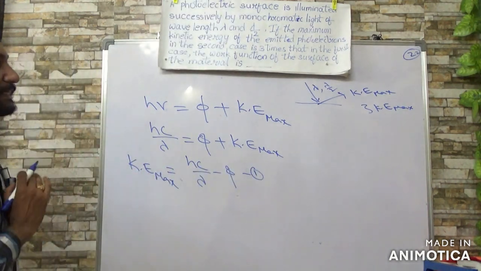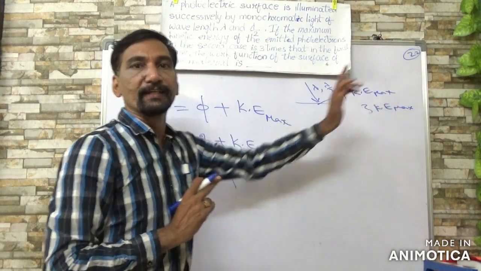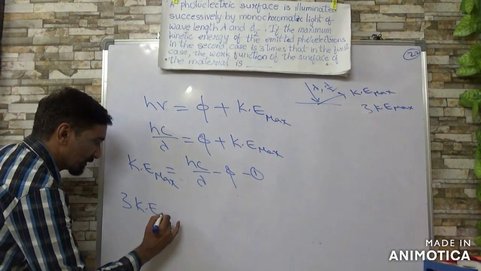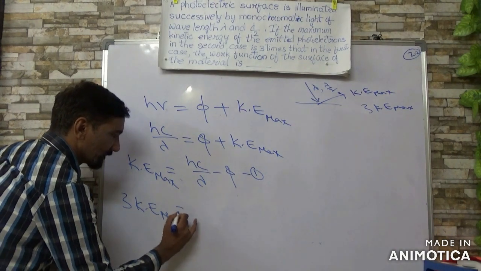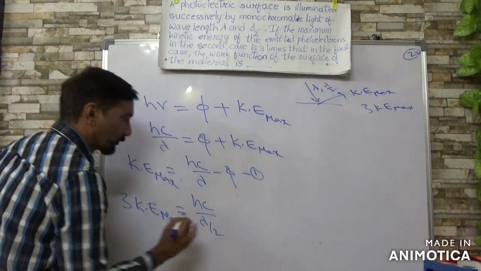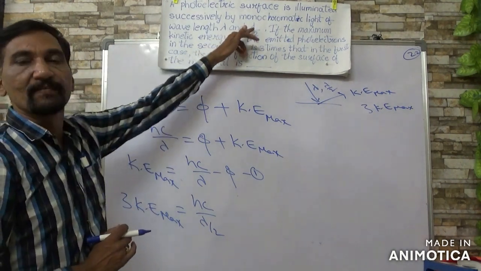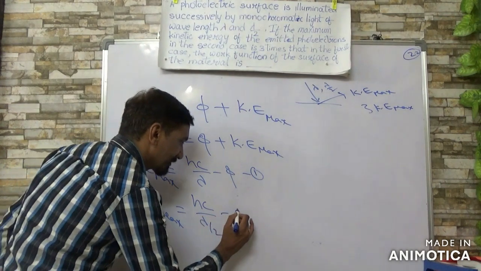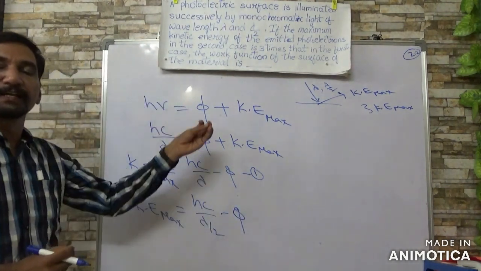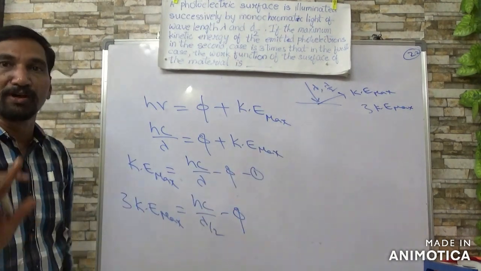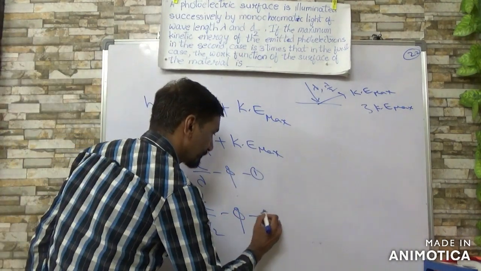Now in the second case they are saying kinetic energy is 3 times, so you can take 3 KE maxima is equal to hc by lambda by 2 minus phi, because in the second case they said wavelength is lambda by 2, and light is incident over the same metal, na, so the work function does not change.